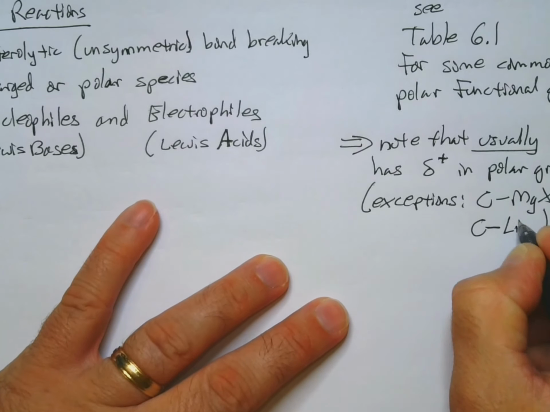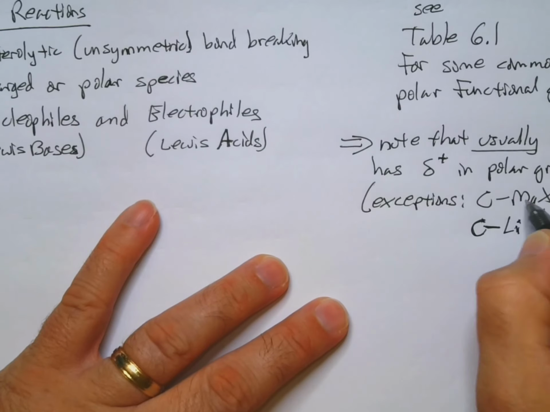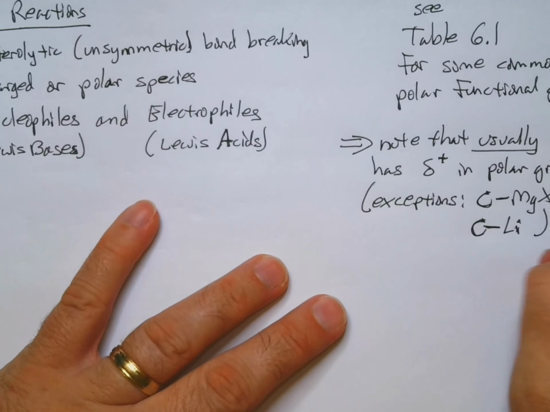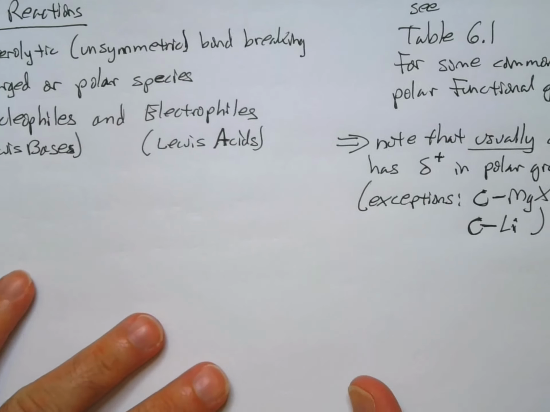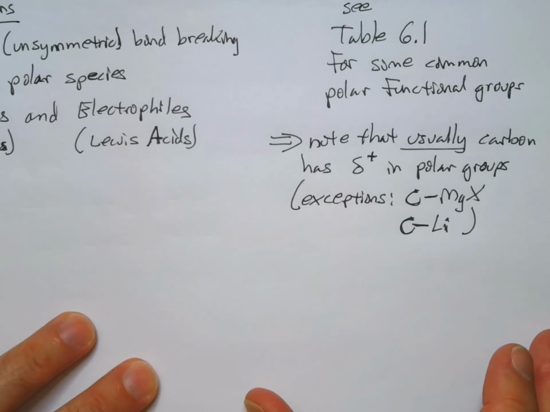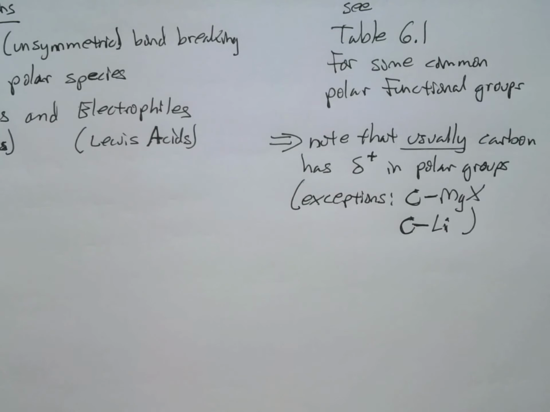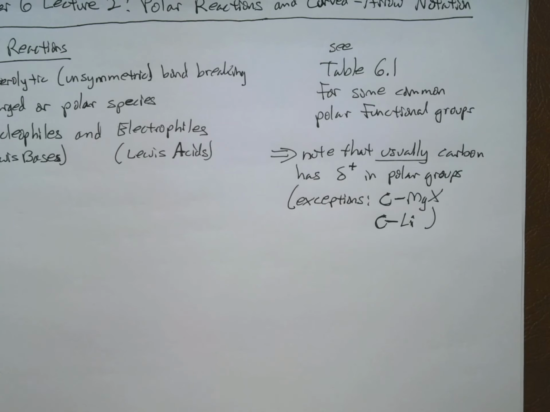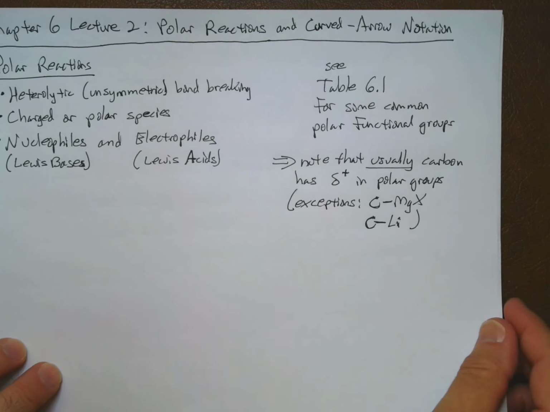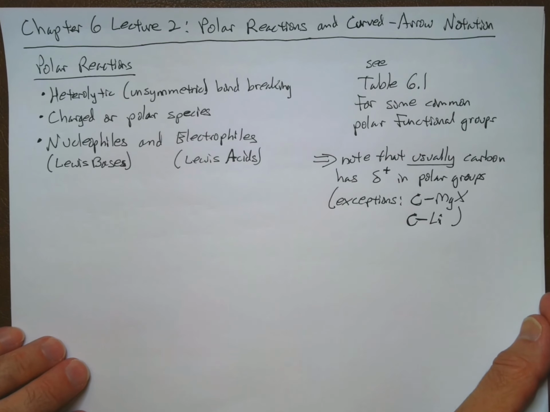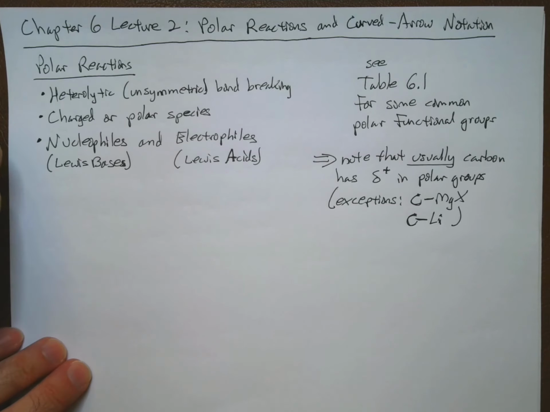And then the exceptions are the Grignard reagent, which is carbon attached to magnesium and a halogen, usually MgBr, but I'll just call it MgX here, or an organolithium, so carbon attached to a lithium. Again, usually carbon has the partial positive charge when we have our polar groups. But again, there are those exceptions.